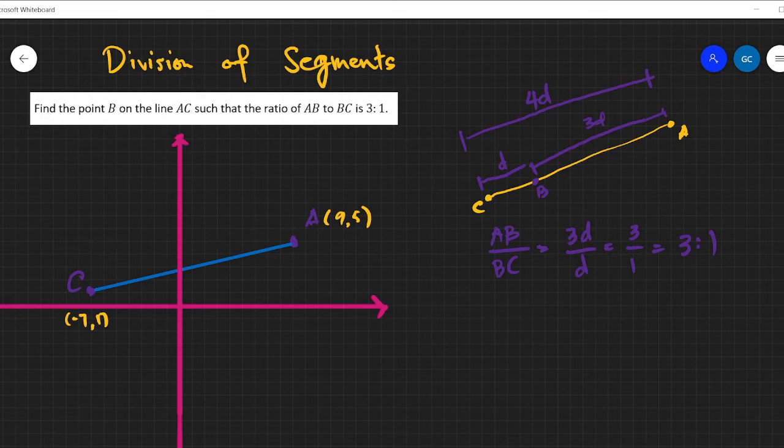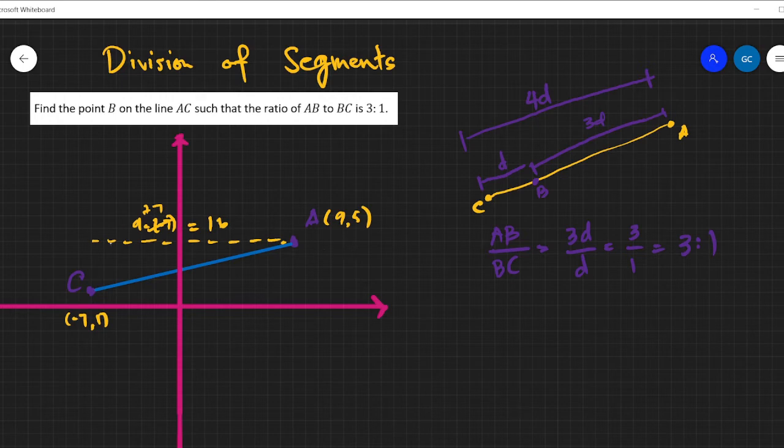For the horizontal distance, from this point C, we can determine how long this broken line should be by simply getting the difference between the x's, or the horizontal coordinates of our graph. So that will be 9 plus 7, that is 16.